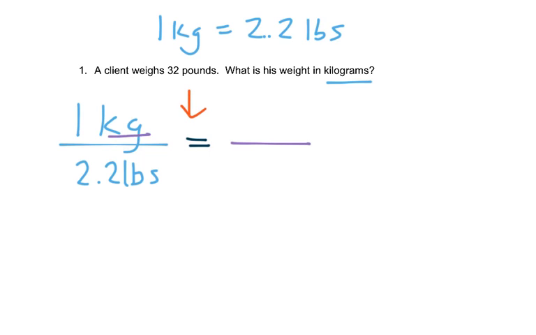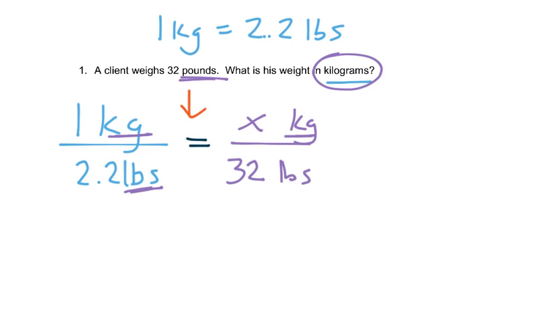We want to make sure that the kilograms that are on top here are on top here as well. We want this to be kilograms. And the pounds that are down here, we want to have pounds down here. So we know that we have 32 pounds. We're going to write that down here. And it says, what's the weight in kilograms? That's what we don't know. We'll write it up here. So remember the way we solve proportions, we did this earlier in this course, is that we cross multiply.